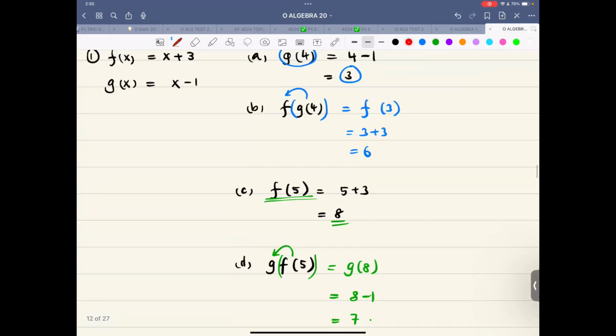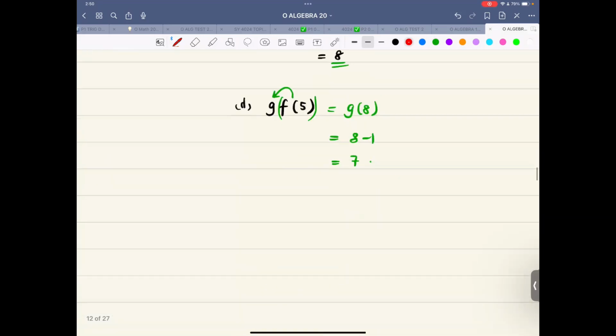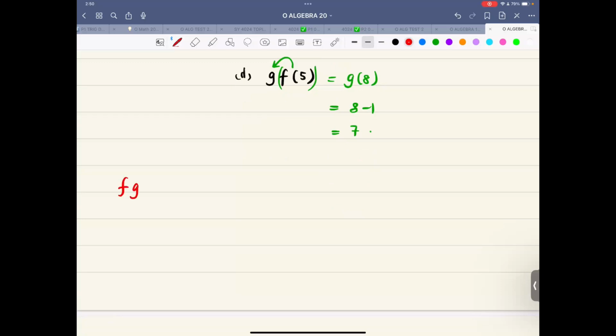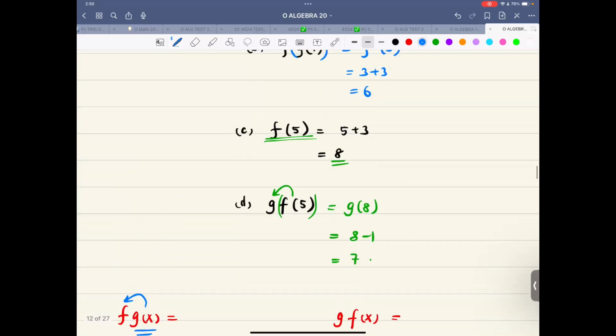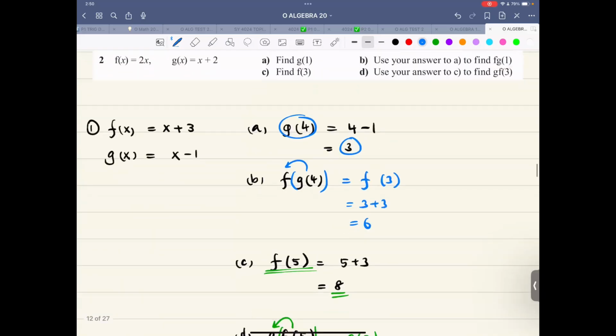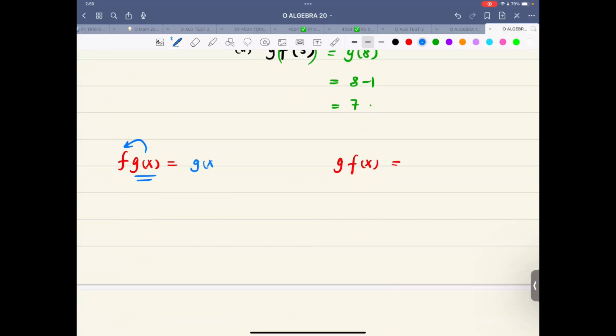Let me add something more to it. That is finding the composite function. Let me find f(g(x)). Let me find g(f(x)). So first of all, f(g(x)), that means g(x) should go in f(x), so that is g(x) plus 3. This is g(x) plus 3, which is x minus 1 plus 3, which is x plus 2.